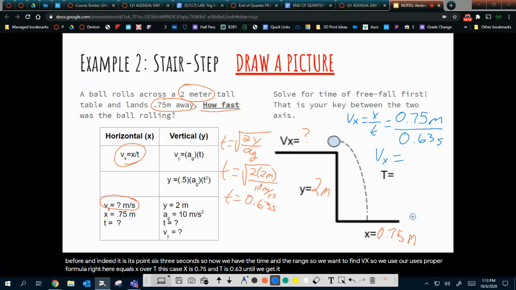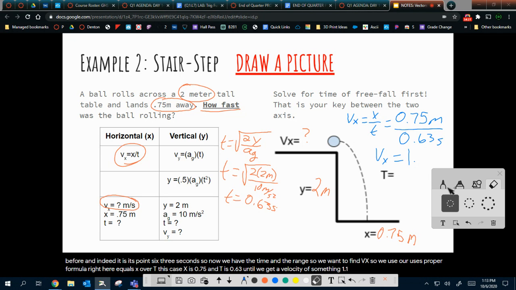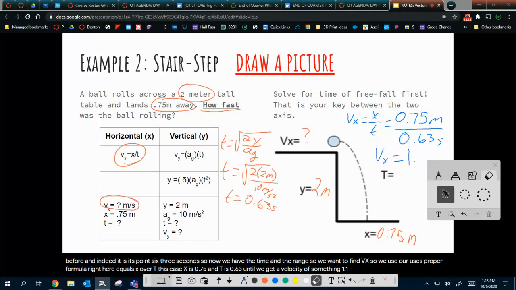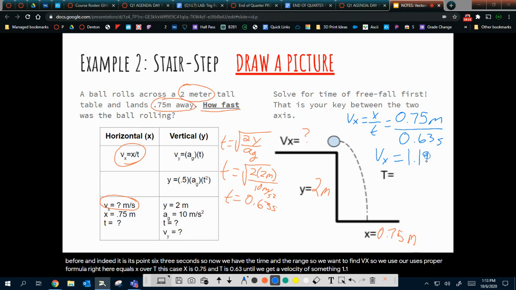And so we get a velocity of something. 1.12, no, I was completely wrong. Let's just say 1.19 or 1.2, however you will see. And so that would be how fast this object is rolling.